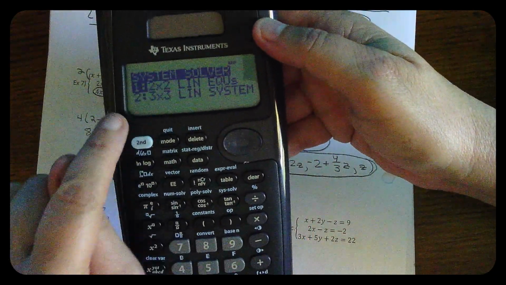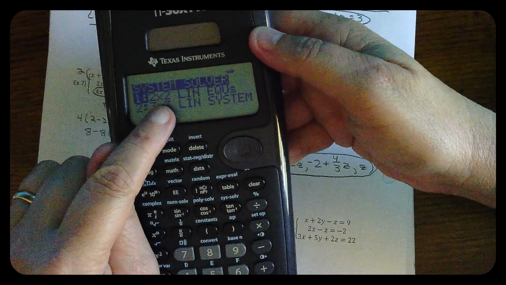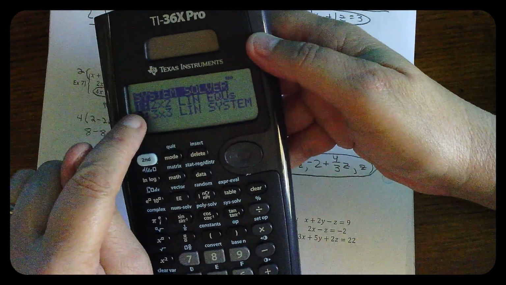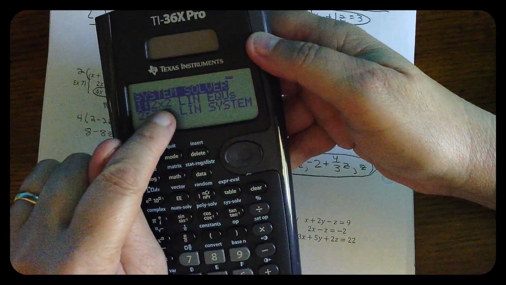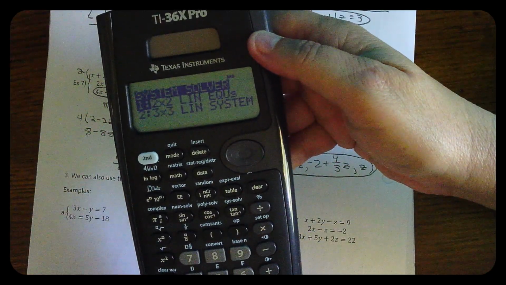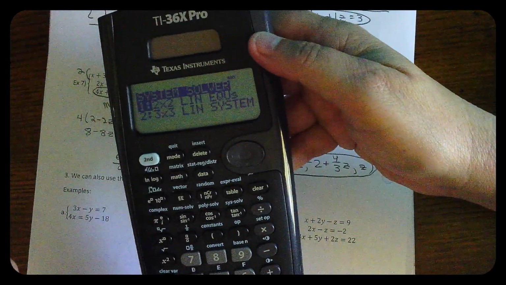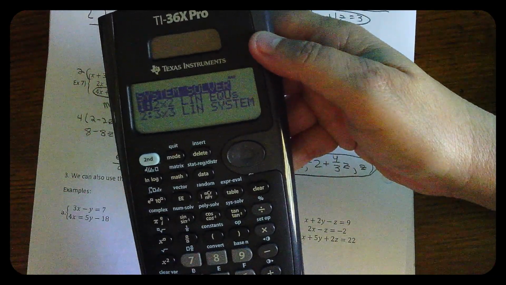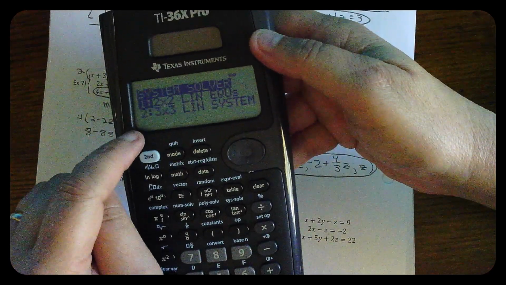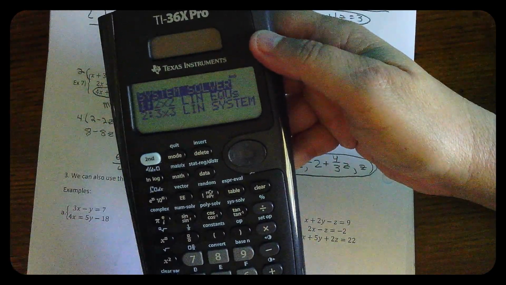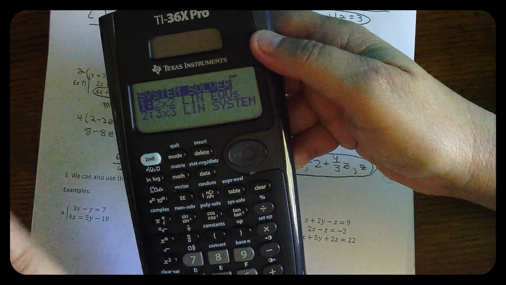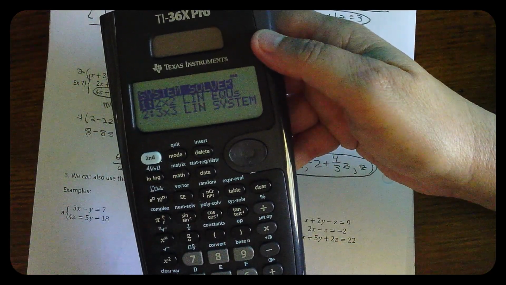And there are two types of systems. There's 2 by 2 linear equations. That means 2 equations with 2 unknowns. Or there's 3 by 3 linear systems. That's 3 equations with 3 unknowns. And I feel like one person programmed number 1 and a different person programmed number 2, and so the methods are different.